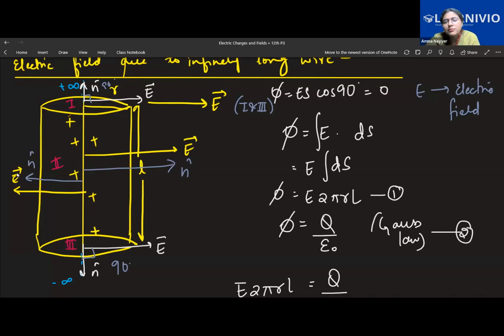Now, if it was some sheet or some plain wire where only one side was filled with charge, then this would have been 180 degrees for the opposite side. That you are correct. But right now it's a wire with full charges accumulated, so the area vector for the opposite side will have electric field also in the opposite side. So when you're writing, this is E dS cos 0 degree. Got it, Aisha? Yes, ma'am.